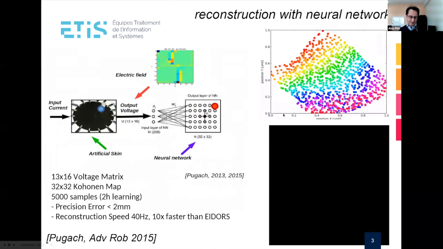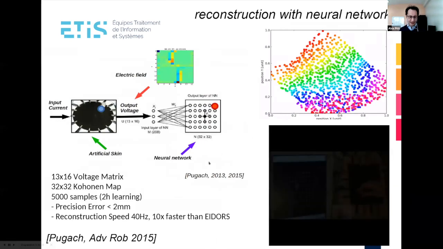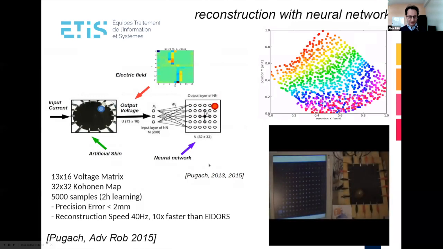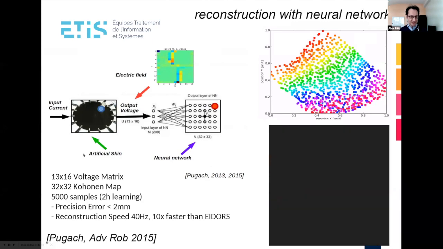Five years ago, we had a model of electrical impedance tomography in which we learn, with unsupervised learning, the topography and the mechanoreceptors in a completely unsupervised manner, the medium or the electrical field inside this medium, which is a piezoelectric sheet of polymers.